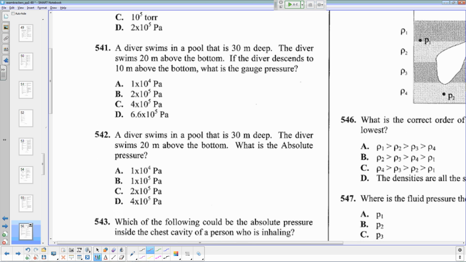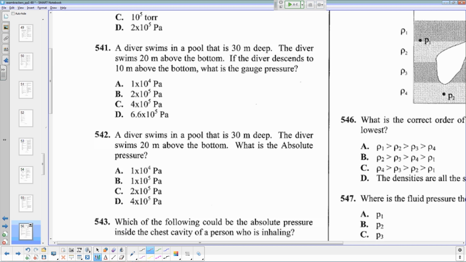Listen, guys, if you measure the pressure in your tire, it reads like 35 psi or whatever, right? But what if you let all the air out of your tire? If you have a flat tire and you put your gauge on there, what does it read? Zero, right. That's your gauge pressure. But is the pressure in your tire really 0 pascals or 0 newtons per square meter?